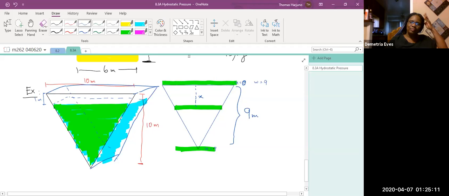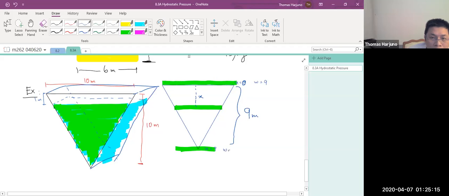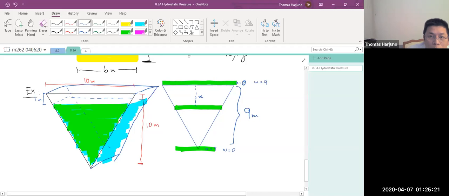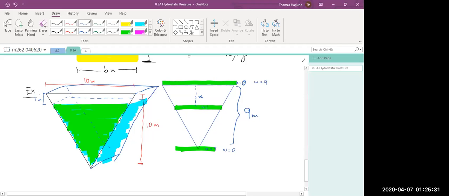Okay, the depth is 9, but how about the width at this point? 0. Okay, now suppose this is x, then what will the width be? When the depth is x, then the width will be 9 minus x.